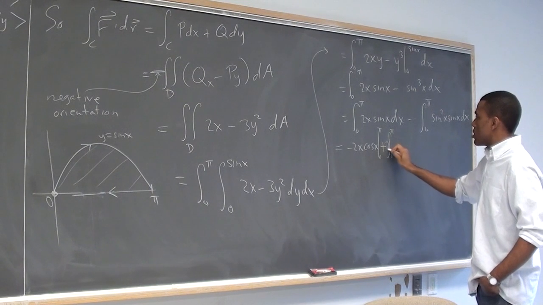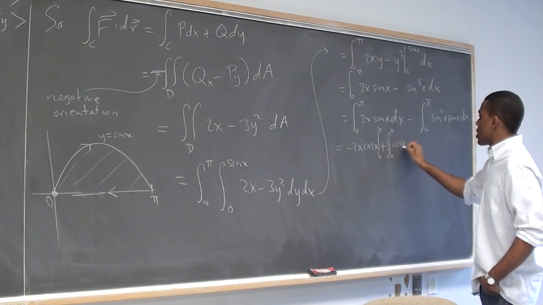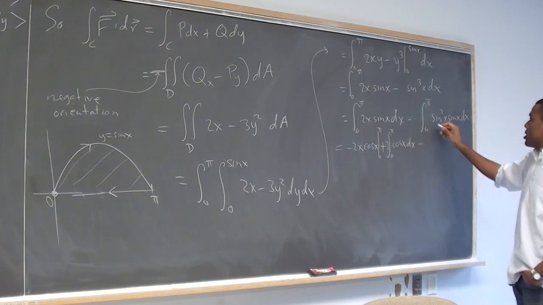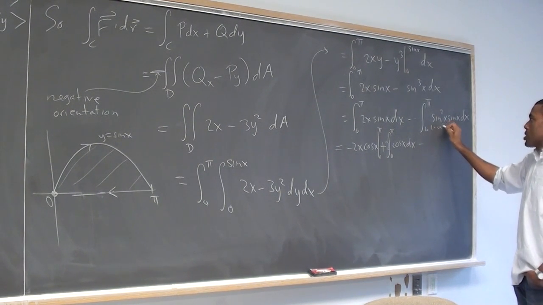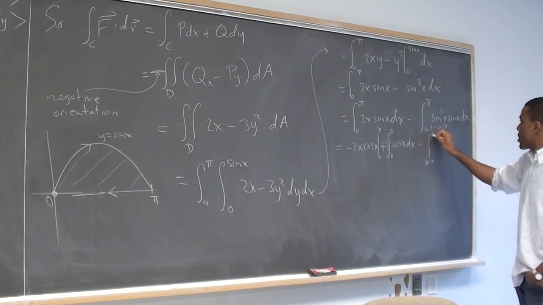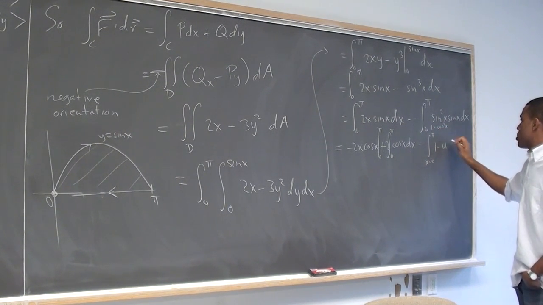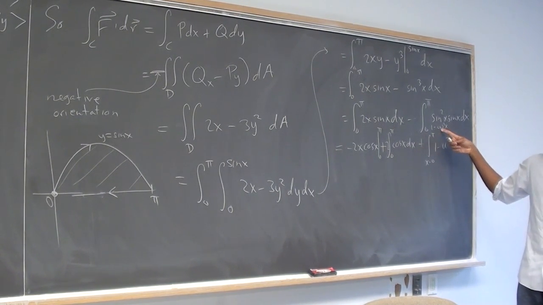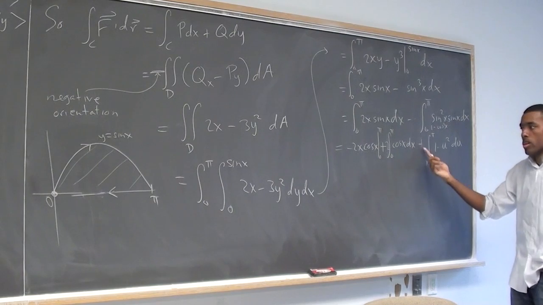It will be 2 minus. Here, the sine squared, you think of 1 minus cosine squared. Do a u substitution. So this is really 1 minus u squared du. This would be a plus because the derivative of cosine is negative sine, so you factor the negative out, makes this plus.